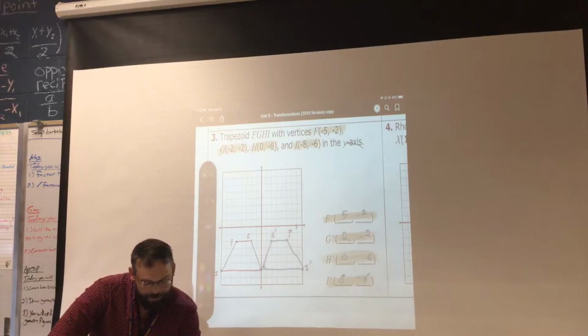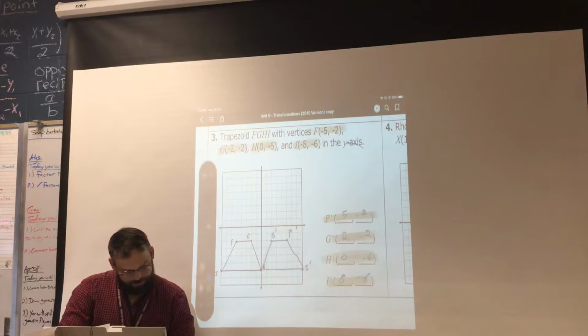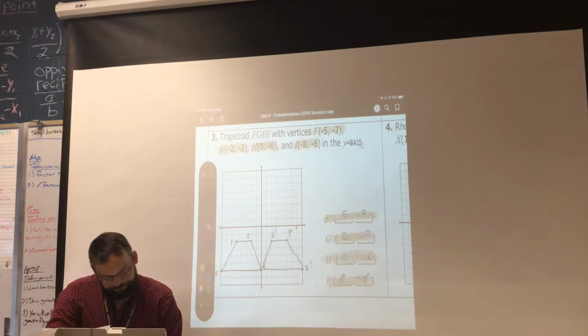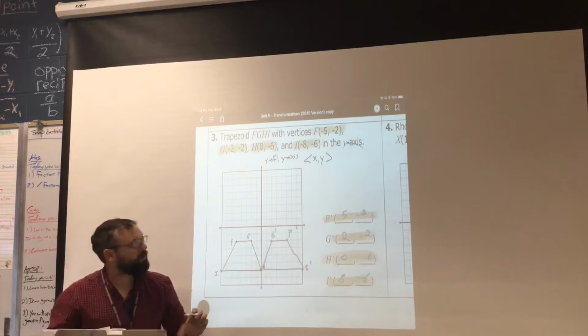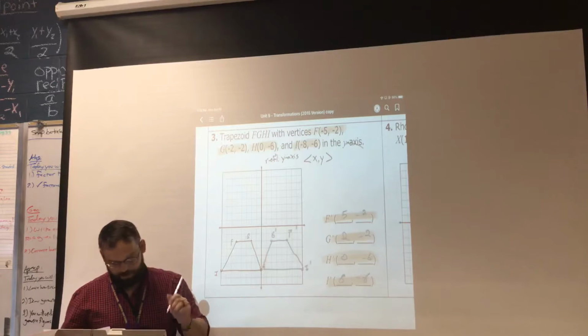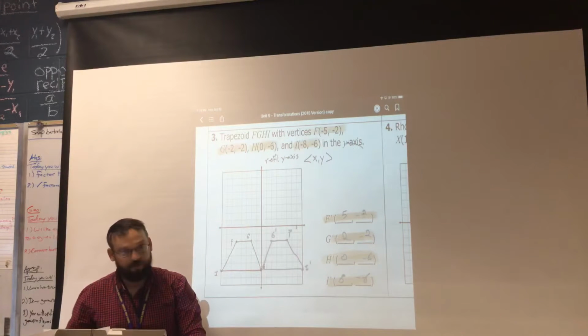So we can make a little determination here. Let's make a little note. For reflection about the y-axis, another thing I'll point out is that the notation I have right here is called vector notation.